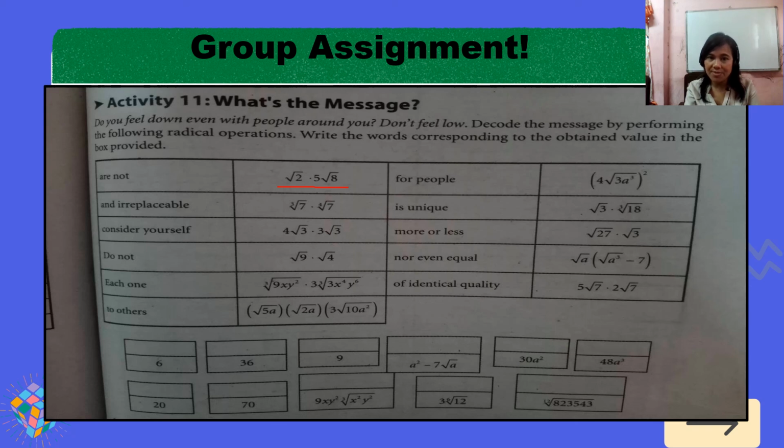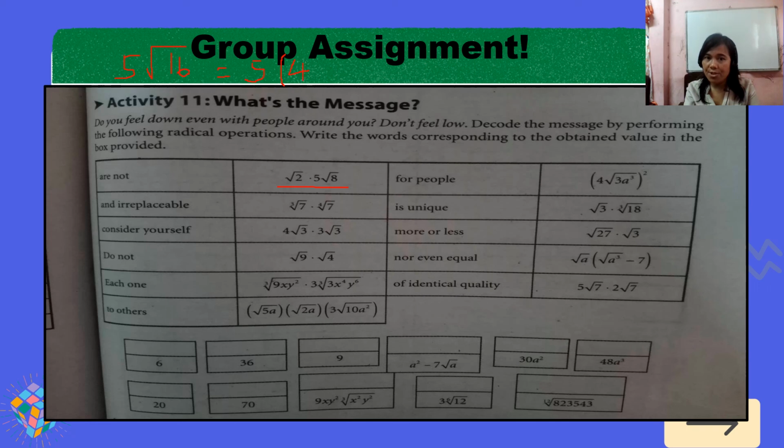So, 1 times 5 is 5. Ayan. So, solve ako dito ha. Okay. Then, 2 times 8 is 16. Okay. Now, yung 16 is actually nasa table of perfect squares natin and it's equal to 4. So, magiging 5 times 4.